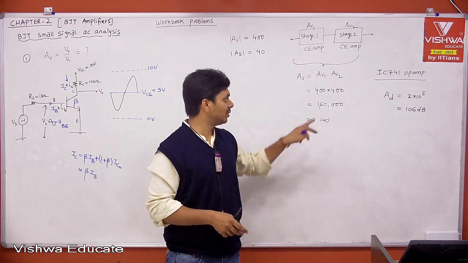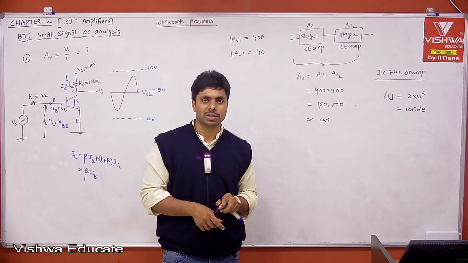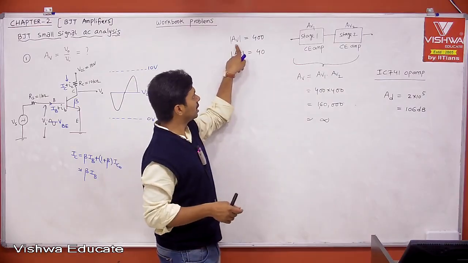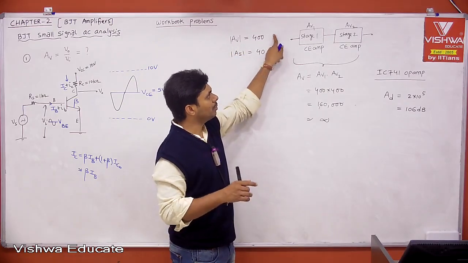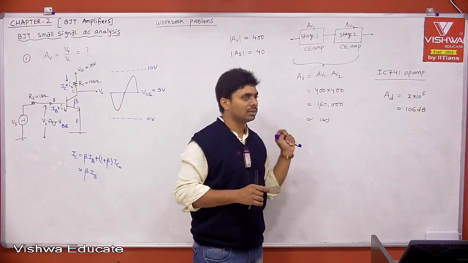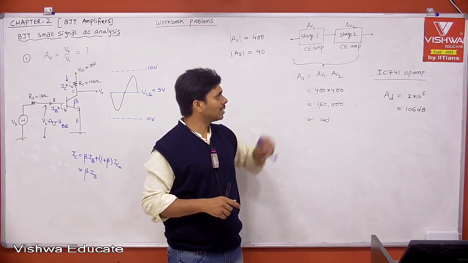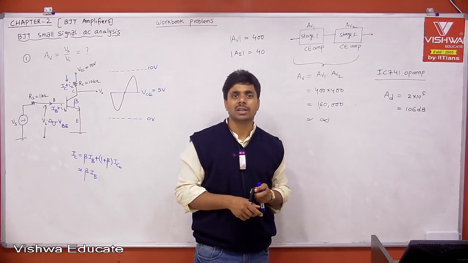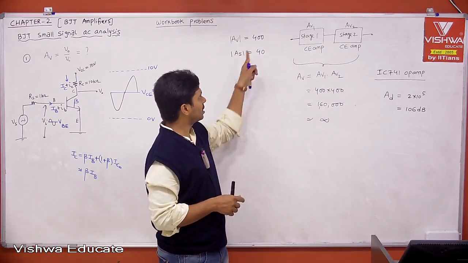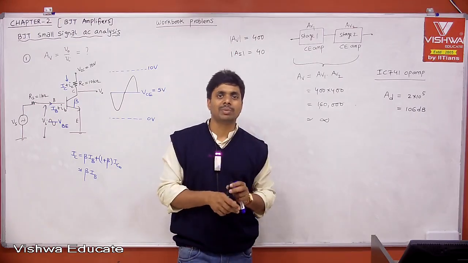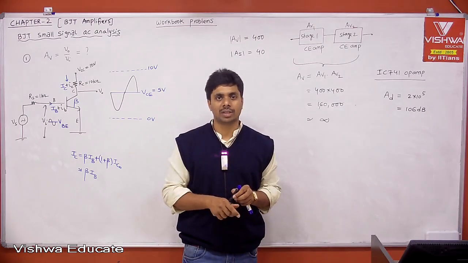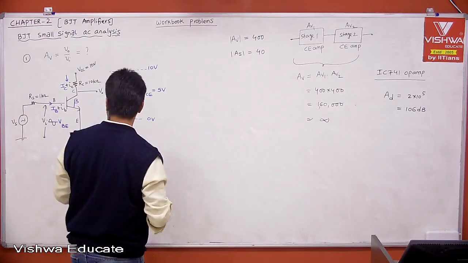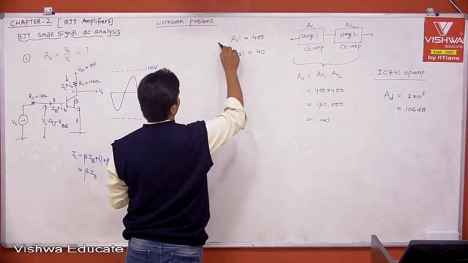If I take single stage voltage gain 100, then what will be the overall gain? 100 into 100, 10,000. Then 10,000 versus 1,60,000, there is a significant change. Therefore, with single stage gain 400, 500, people treat it as good voltage gain. Now I can say your common emitter amplifier has good voltage gain.